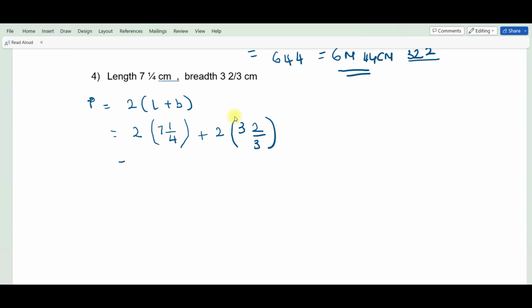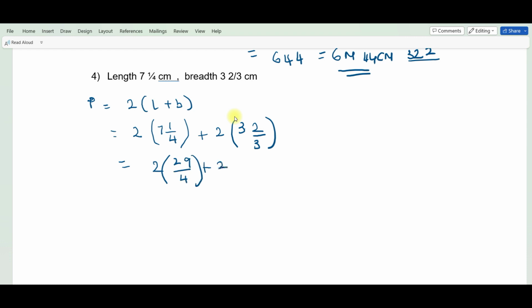Okay, now solving this, I get 2, and if I convert this mixed fraction to an improper fraction, how do I do that? I take 4 7 times, that is 28, plus 1, so it would be 29 by 4.